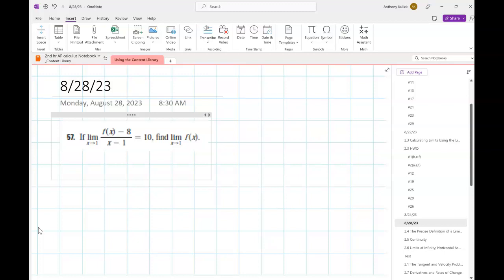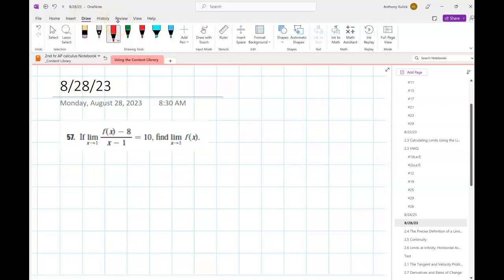So what I want to do is I need to get that denominator onto the other side.